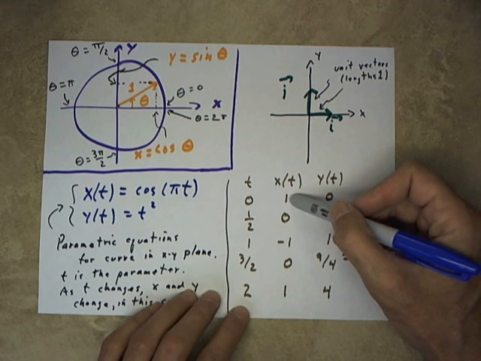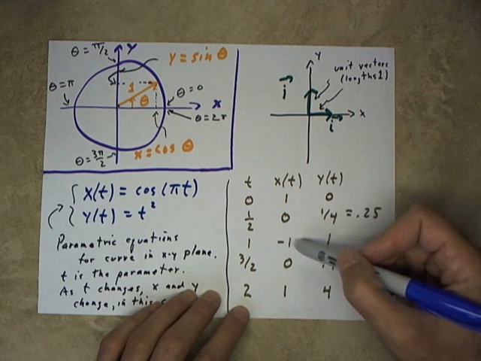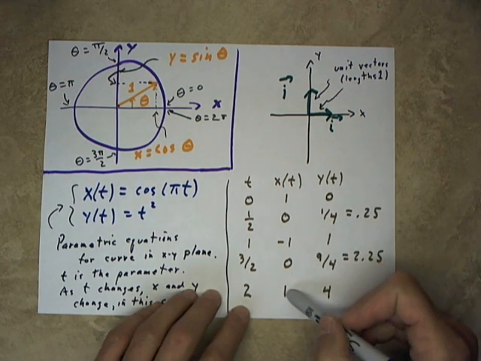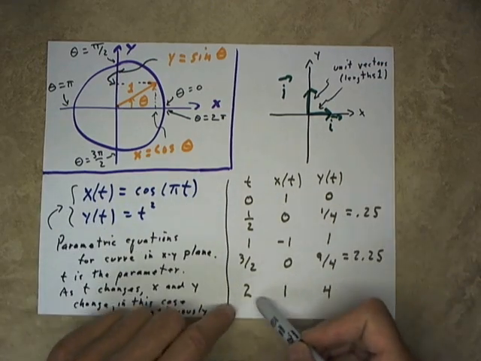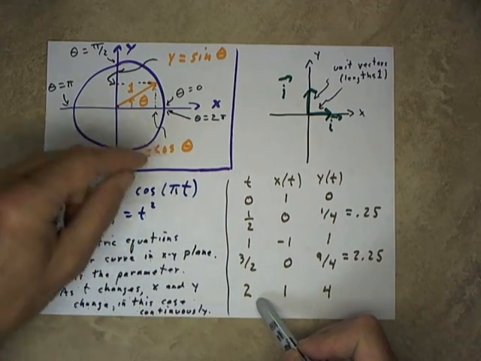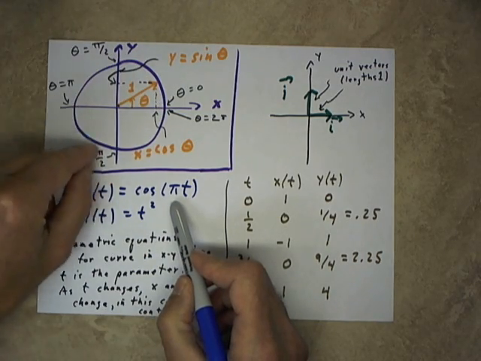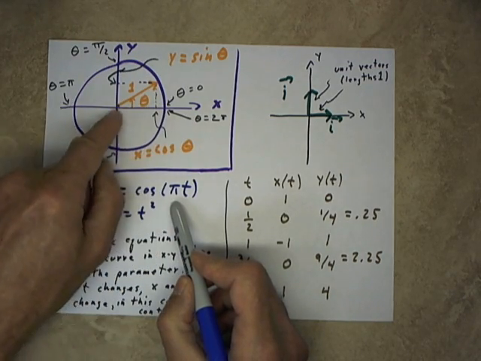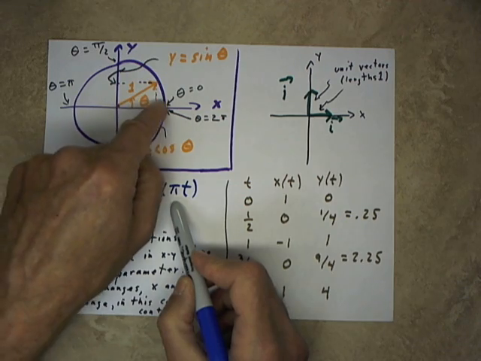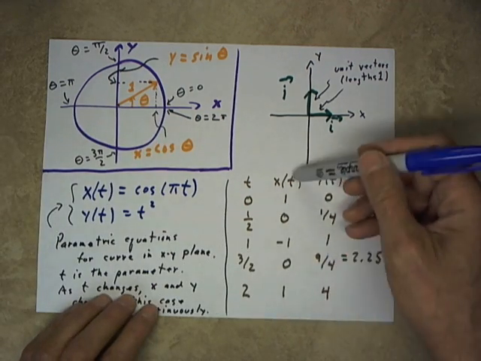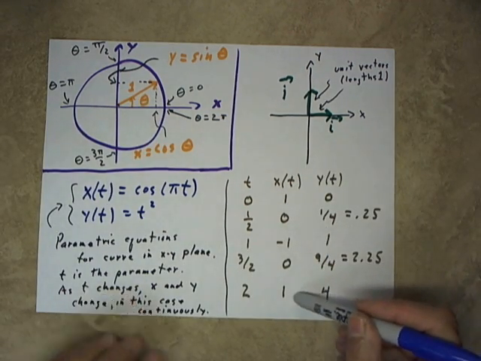So we see that our values of x of t go from 1 to 0 to -1 to 0 to 1. And once we see how these values of t work, we can simply see that as we move around the circle, our x-coordinate goes from 1 to 0 to -1 to 0 to 1. So this is how our x function changes in time.